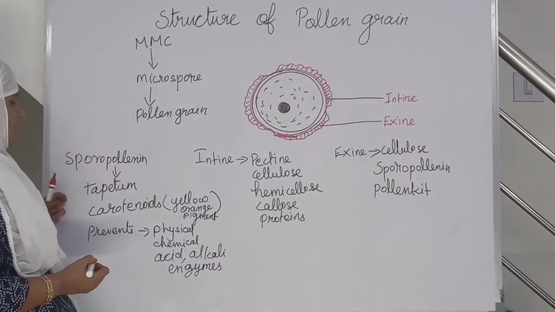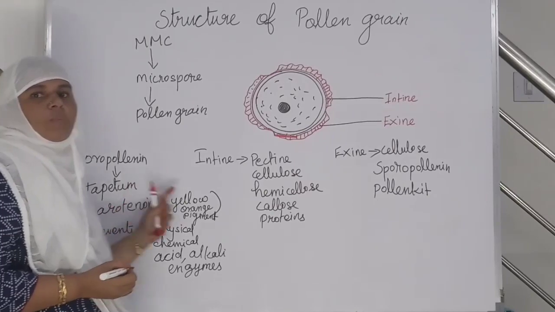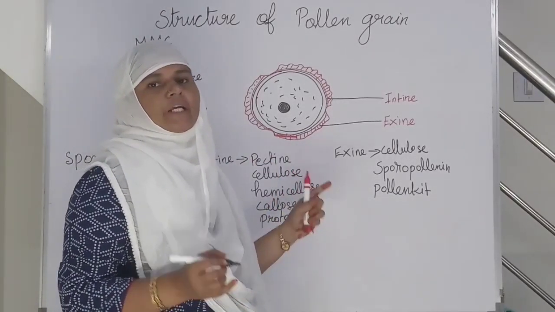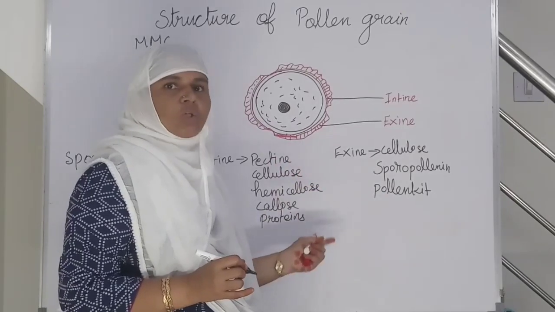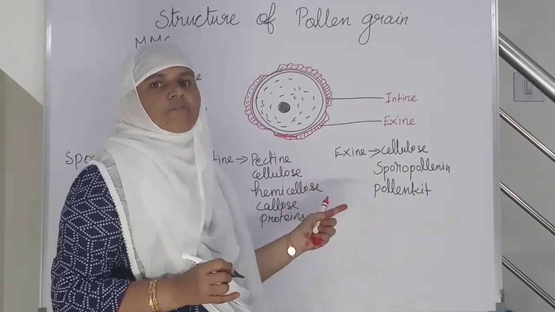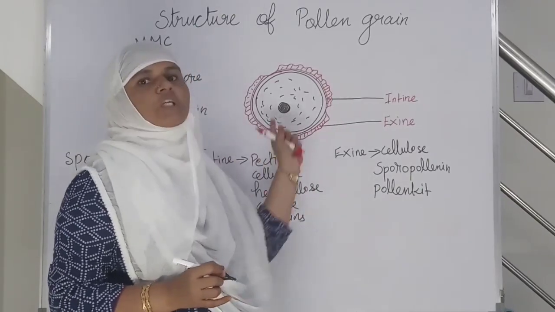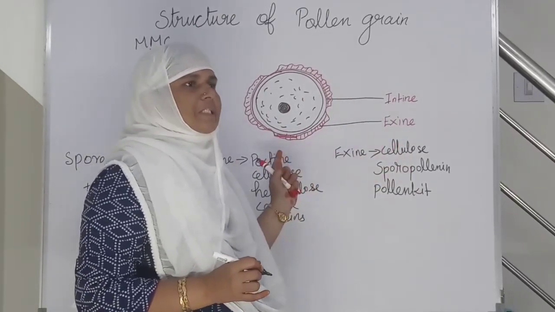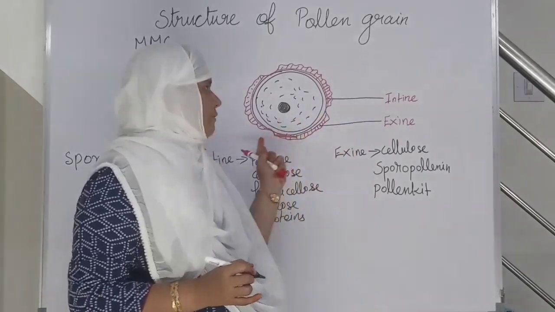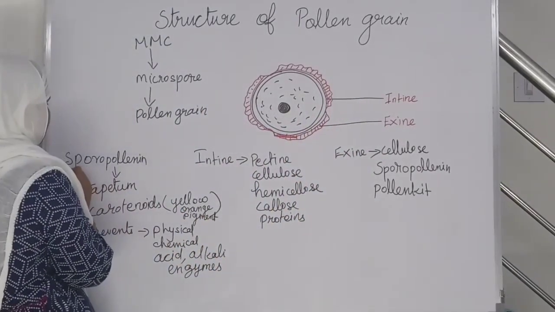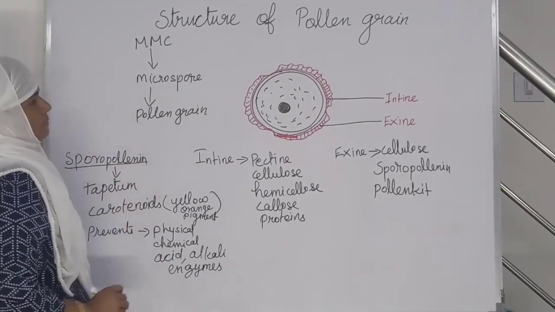So that it can be stored in the fossil deposits for a long period without any damage. And in the journey of pollen grain from the anther to the stigma, it can be safely transferred without any damage. That is why the sporopollenin is that much important.